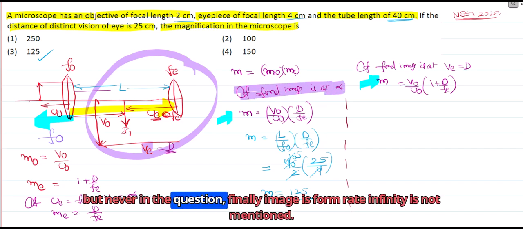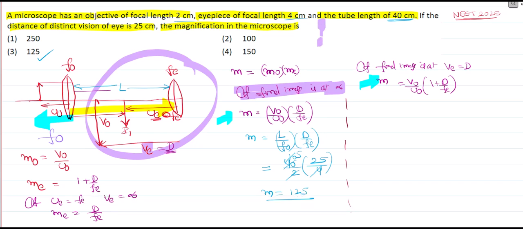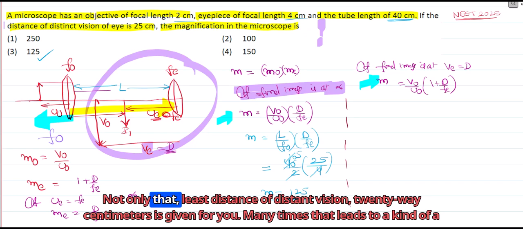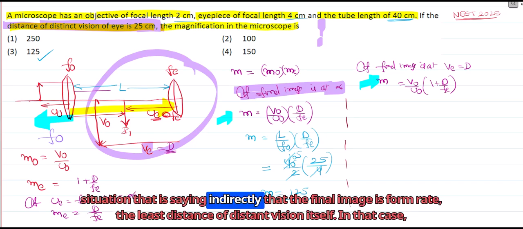This answer is possible only when the final image is formed at infinity. But the question never mentions that the final image is formed at infinity. Not only that, the least distance of distant vision, 25 centimeters, is given. Many times that indirectly says that the final image is formed at the least distance of distant vision itself.